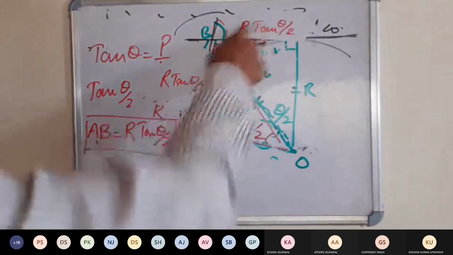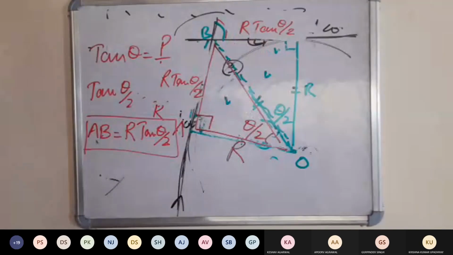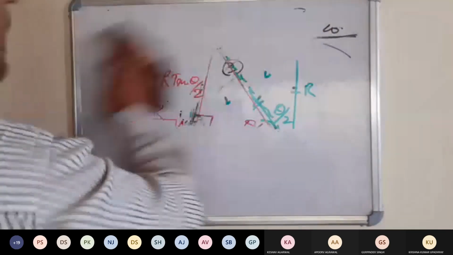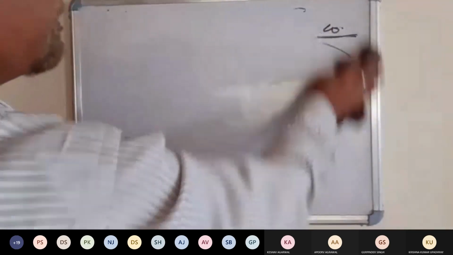Why we did this R tan theta by 2 is to approach the second question of planning the turn around an imaginary object.